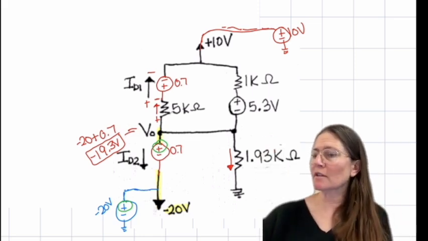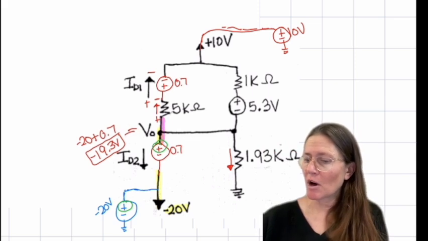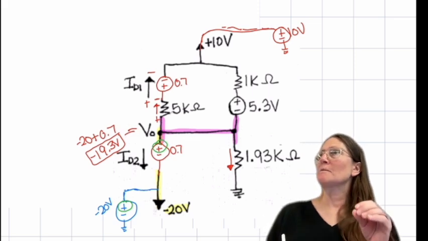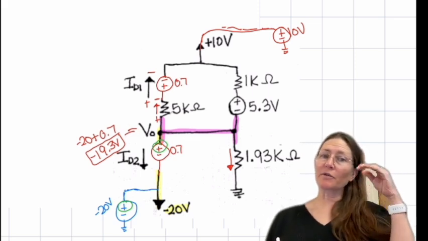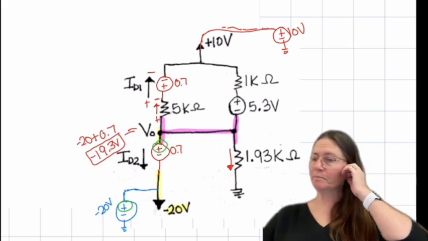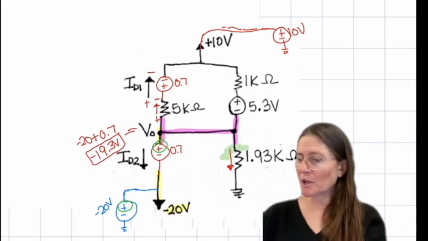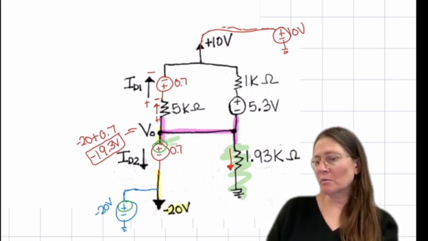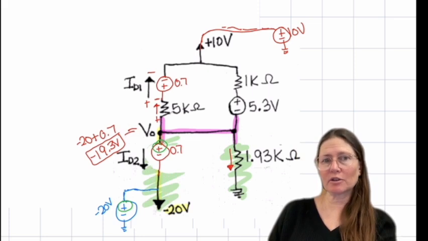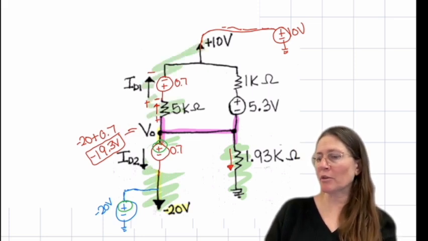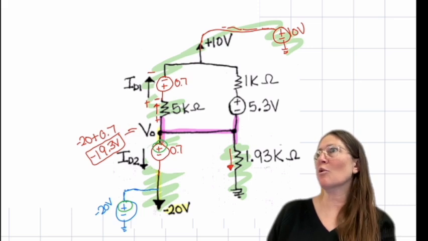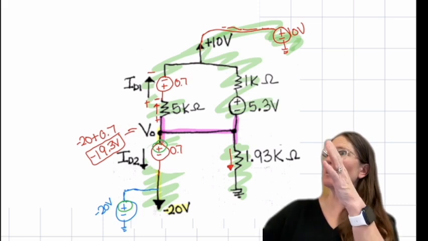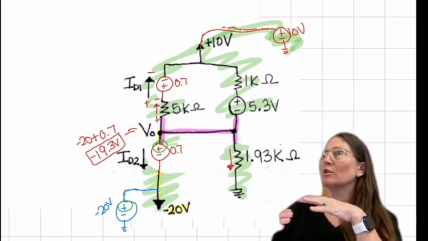So in this case, all of this wire is V naught. To find the voltage there, it could be this pathway to ground, this pathway to ground, this pathway to ground, or this pathway to ground. They're all in parallel to each other.